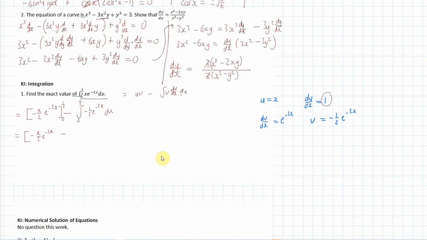I guess minus, and then I integrate in there, so I'd have minus 1/4. No, it's going to be positive, isn't it? Positive 1/4 e to the minus 2x.